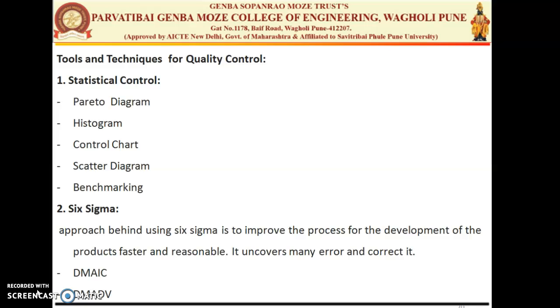The second is the histogram. The histogram is a vertical bar that represents the frequency of each measured category of the variable. It represents the frequency of a variable.